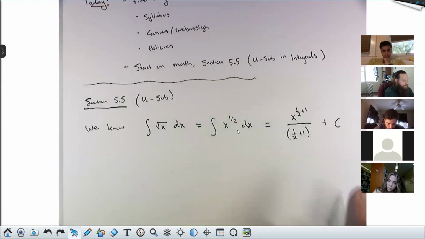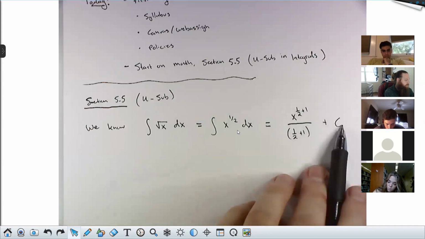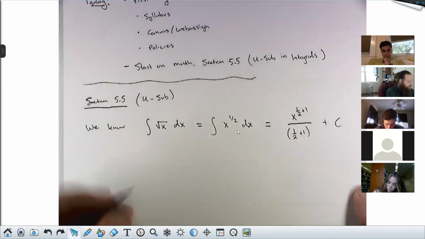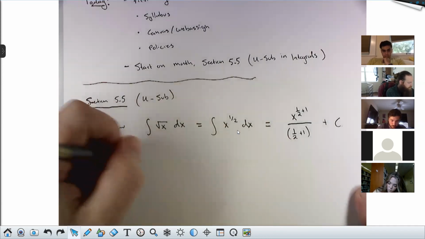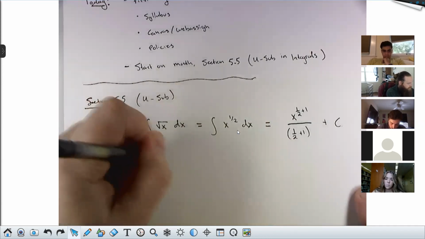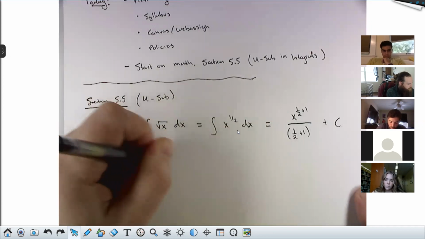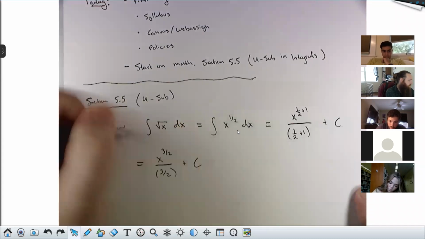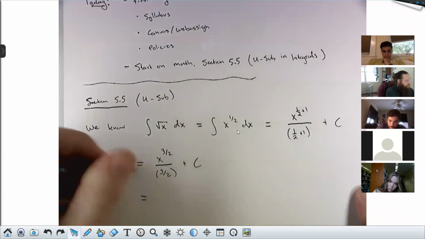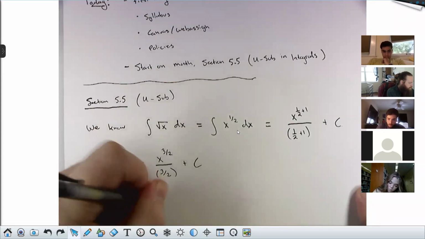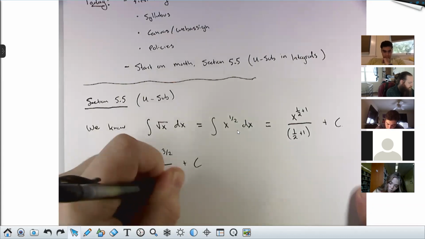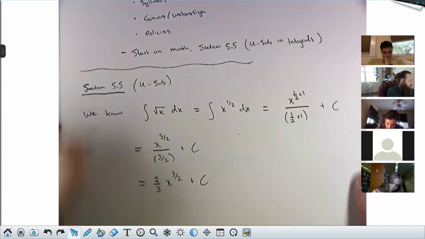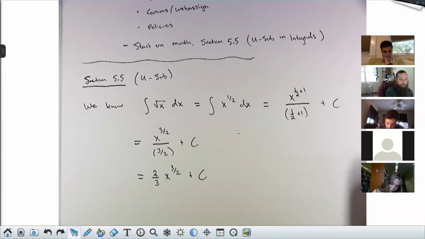So whatever this function turns out to be, that thing plus 5 would have the same derivative. 1/2 plus 1 is 3/2. So this is x to the 3/2 divided by 3/2 plus c. And then dividing by 3/2 is the same as multiplying by 2/3. So this is 2/3 x to the 3/2 plus c. So hopefully everybody remembers how to do this.